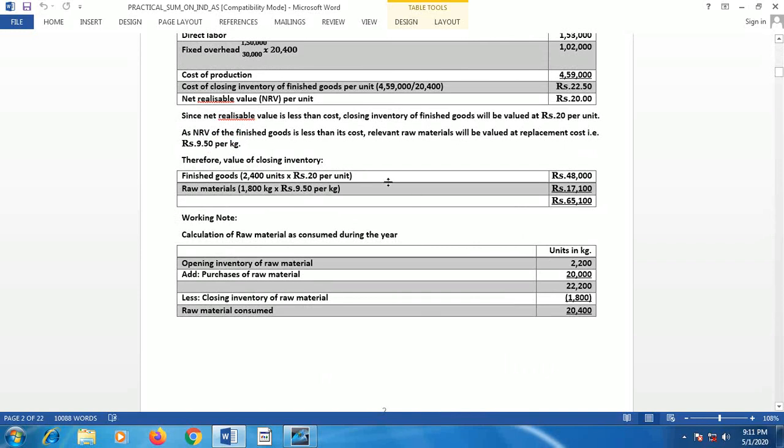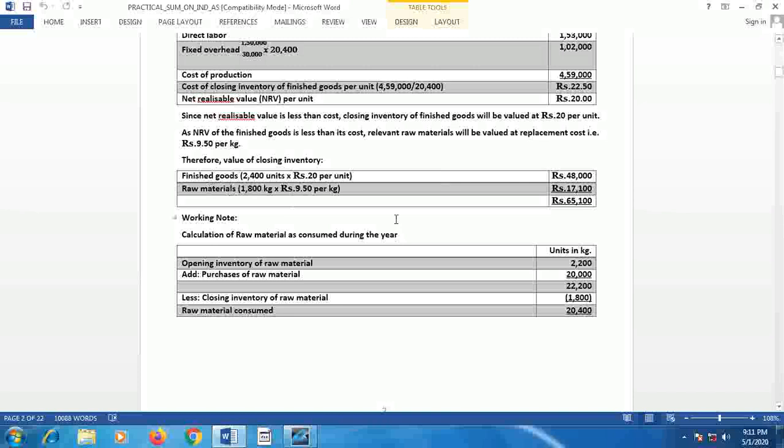So finished goods 2,400 into 20 is 48,000 rupees. Raw material 1,800 kgs into 9 rupees 50 paise is 17,100. Thus the total value comes to 65,100. This is how the closing inventory is valued, consisting of finished goods and raw material.